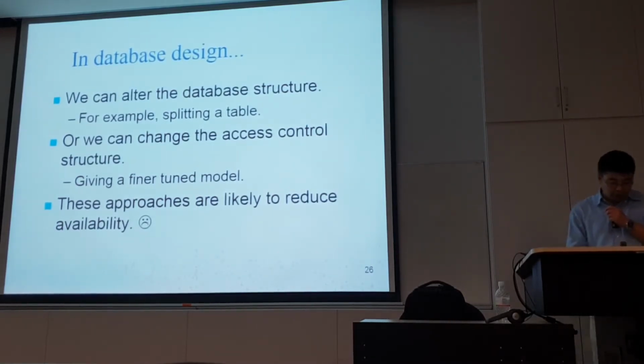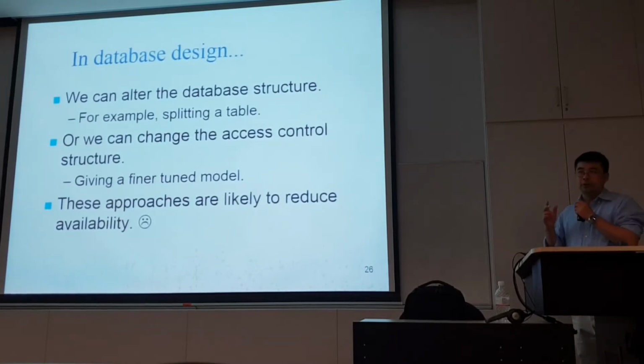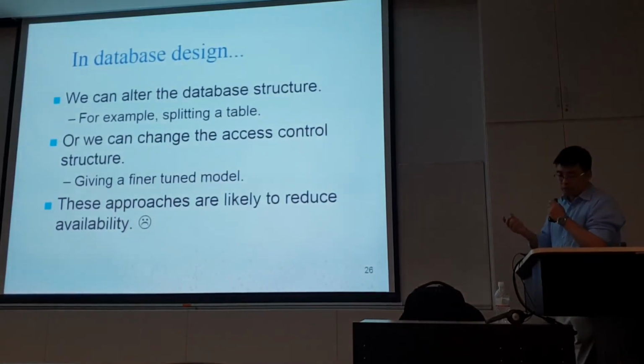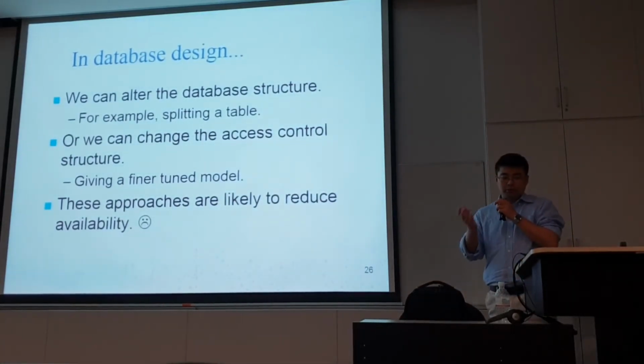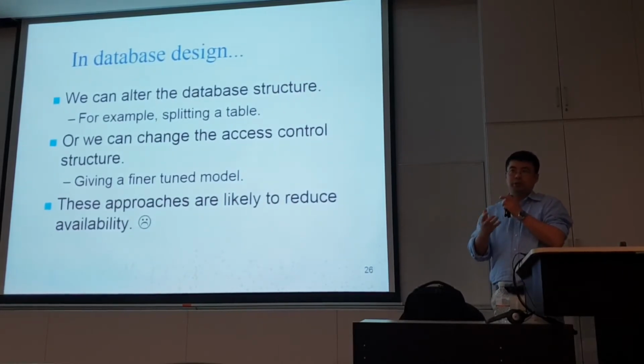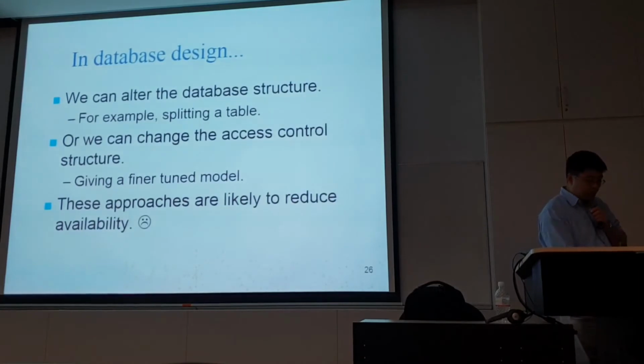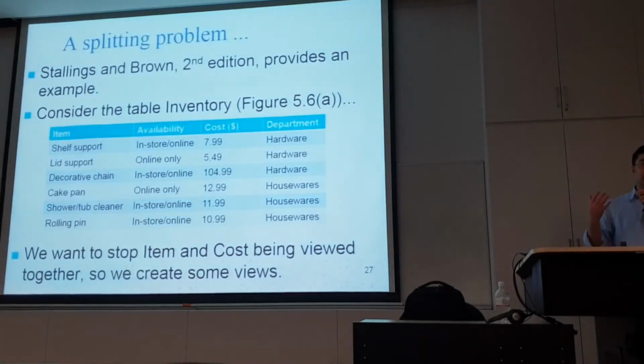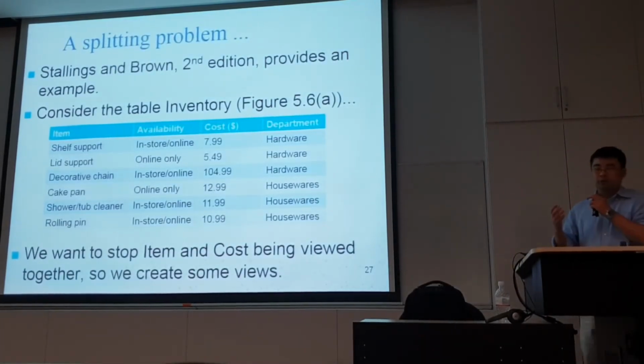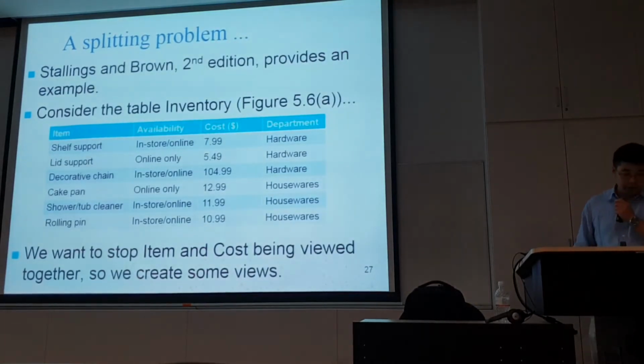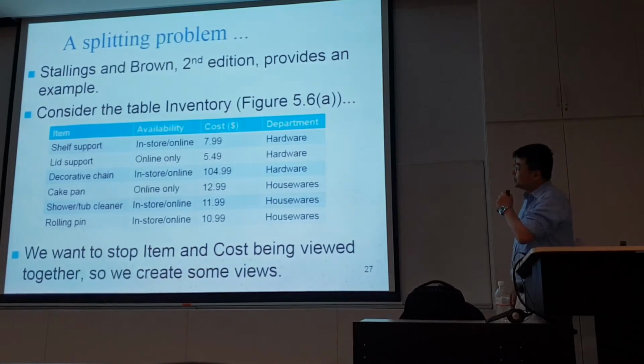But this method will reduce the availability, as I mentioned, because basically you try to restrict all people to only see some view of the table. And on the other hand, if people collude, they will still be able to produce the whole view of the database. For example, this is an example from the textbook.